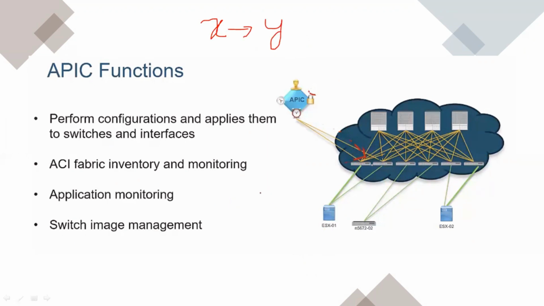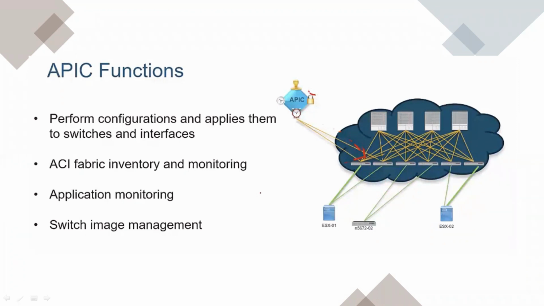In earlier versions, you loaded the Y image on this switch's boot flash, Y image on this switch's boot flash, and all those switches. You had to upload it individually, and then run the command to upgrade the image. Now you don't need to do that. Just upload the image here on the APIC, and APIC will do it for you, right? So the upgrade in ACI is very easy compared to NX-OS, right? It also does an MD5 checksum as well.